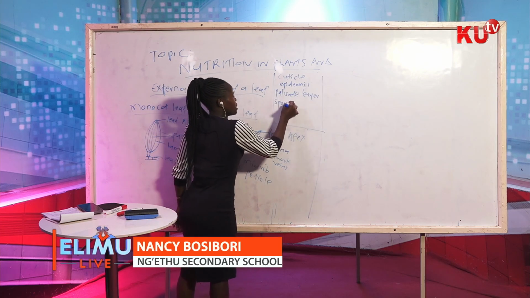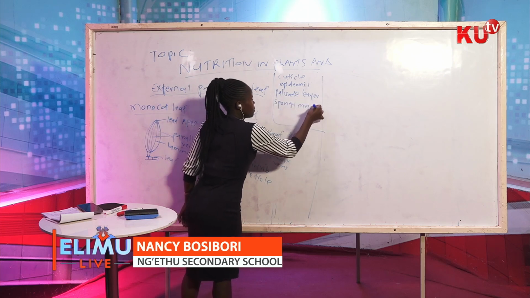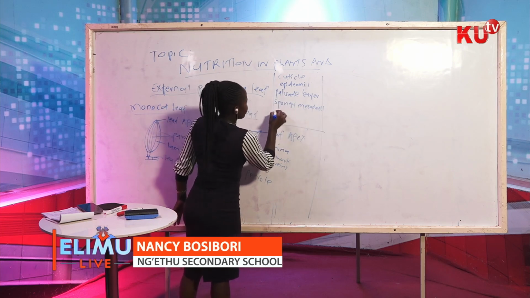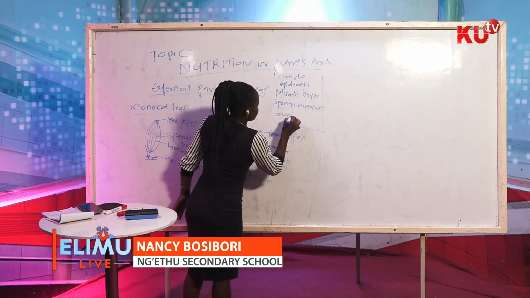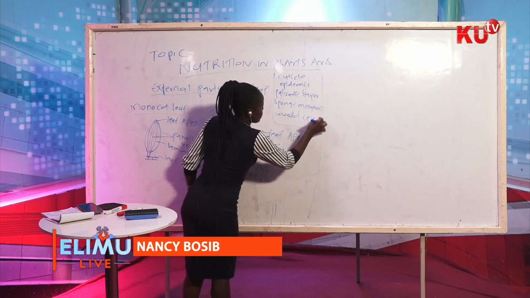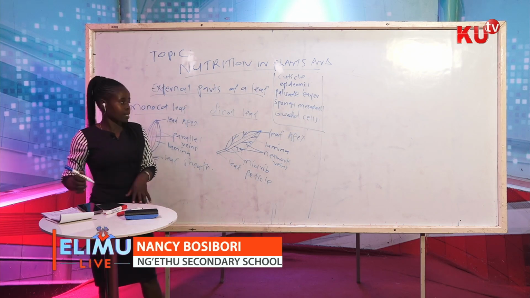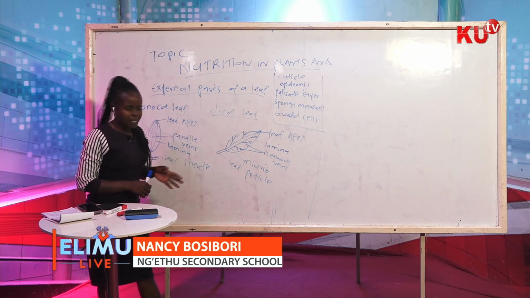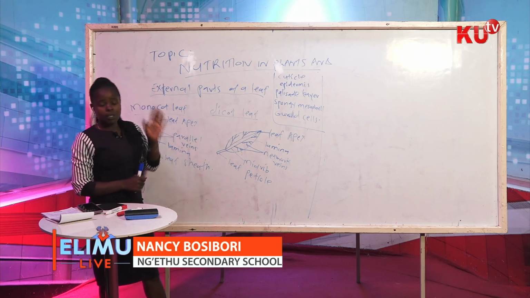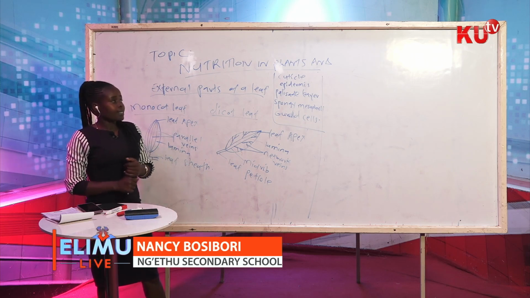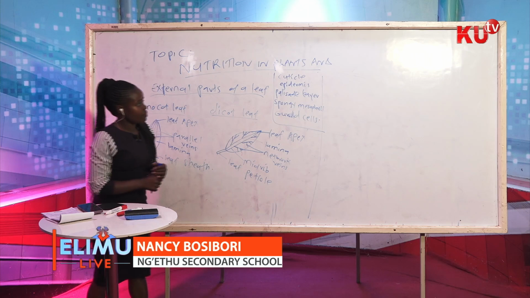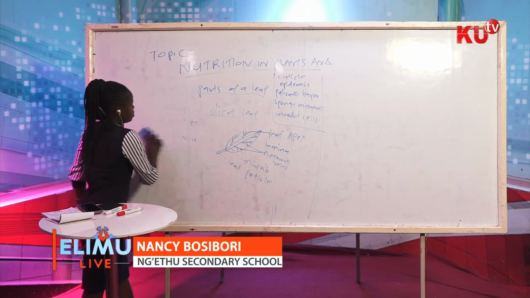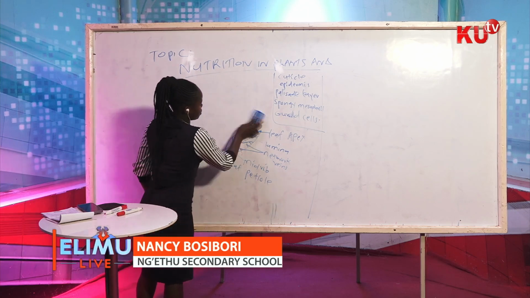We have the spongy mesophyll. And we have the guard cells. So you go back to your books and see the internal structure of a leaf. If you learn the external parts of a leaf and also the internal parts of a leaf, I think you will be able to answer this kind of question, which is asked as: write the adaptations of a leaf.